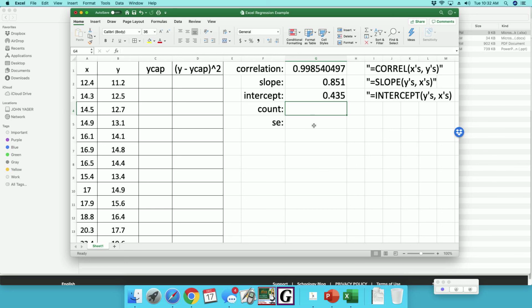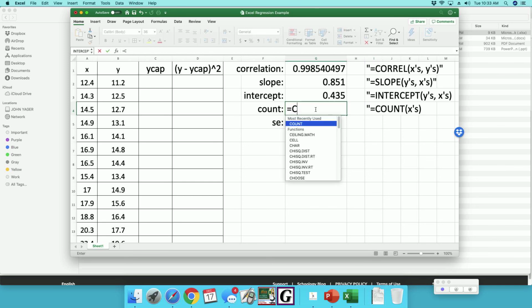Now we're going to need COUNT for our standard error, so I'm going to show you how to do COUNT. You go equals COUNT, and then I'm just going to use the x's. You can use the y's or the x's, it doesn't matter, because there are just as many of each. So we count them.